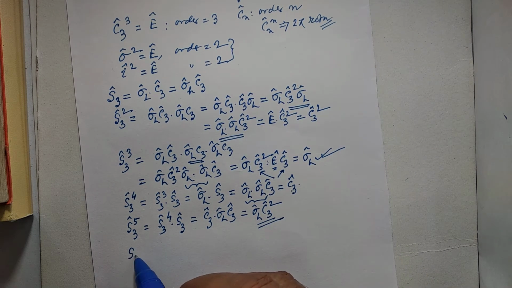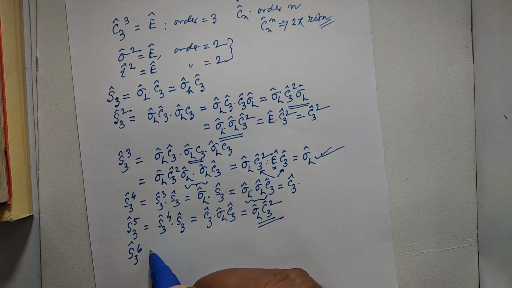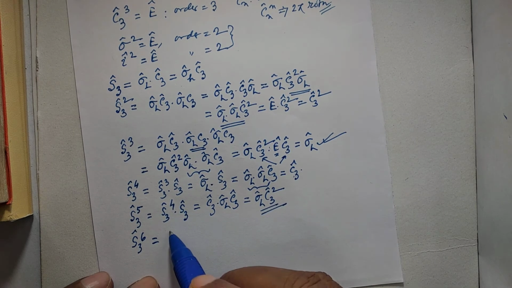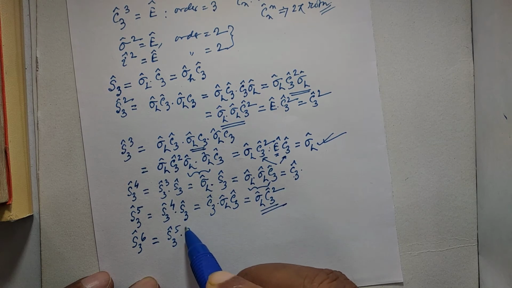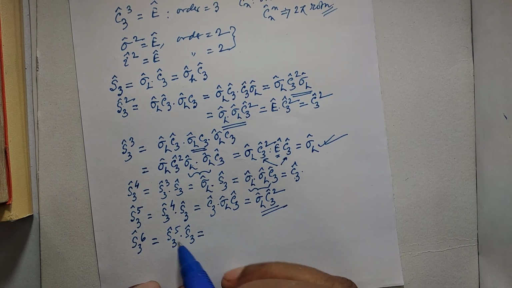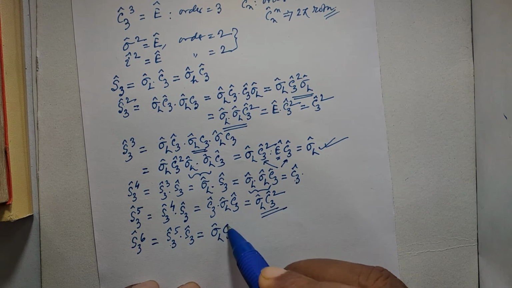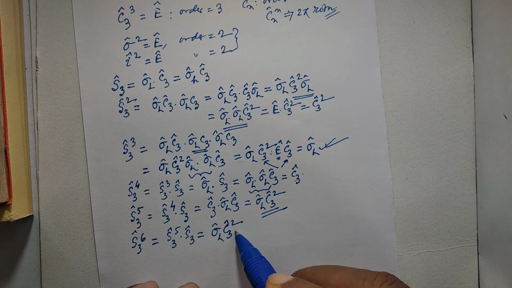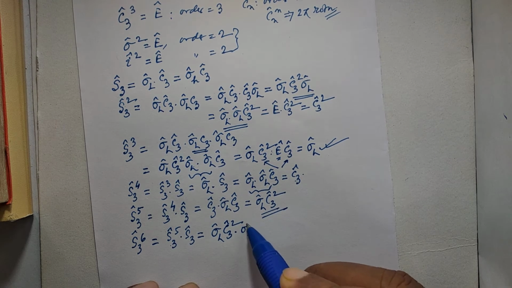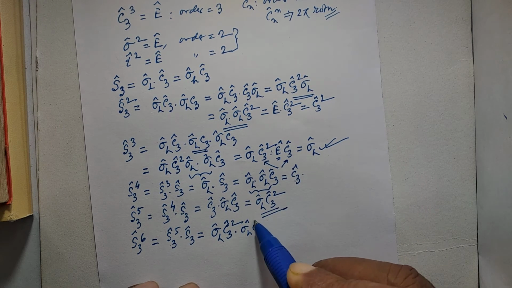And then S3 to the power 6. S3 to the power 6 is S3 to the power 5 times S3. This is equal to sigma h C3 square multiplied by sigma h C3.